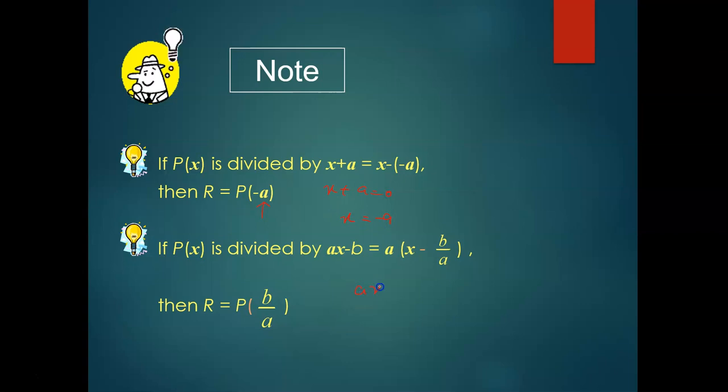And for ax minus b equals 0, then x equals b over a. Same thing, if you have a linear factor ax plus b equals 0, then x equals negative b over a. If x minus a equals 0, then x equals positive a. Then you substitute a inside the polynomial p(x).